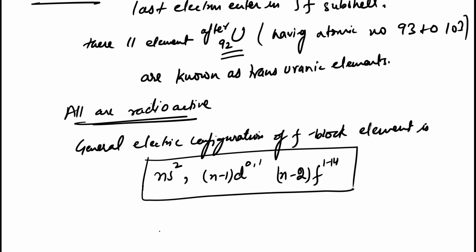You can also say that it is n plus 2, then n plus 1, and this is n. Here n is 6 or 7, because they belong to the 6th and 7th periods only. Okay, got it?